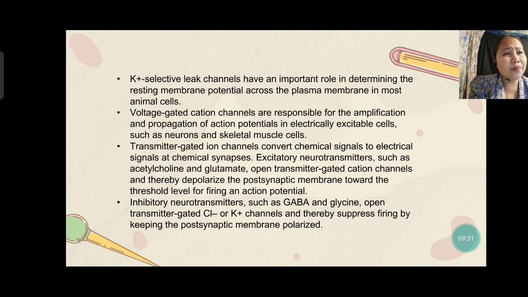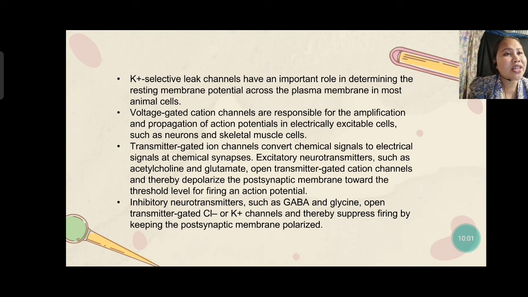The potassium ion selective leak channels have an important role in determining the resting membrane potential across the plasma membrane in most animal cells. The voltage-gated cation channels are responsible for the amplification and propagation of action potentials in electrically excitable cells such as neurons and skeletal muscle cells.